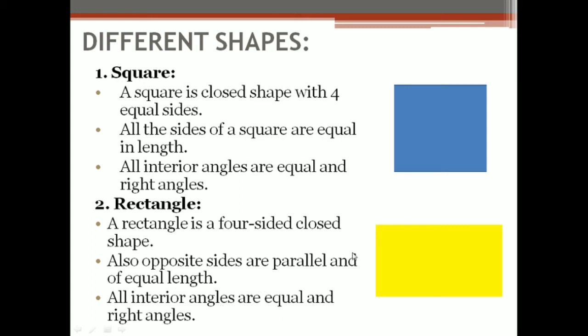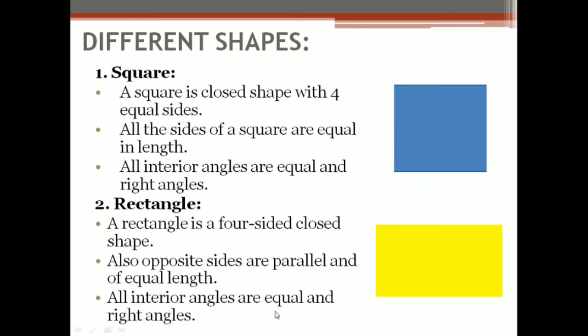So if anybody asks you the difference between square and rectangle, what will you say? You will say that in a square all the four sides are equal, while in the rectangle the two opposite sides are equal. This two and this two are equal to each other.